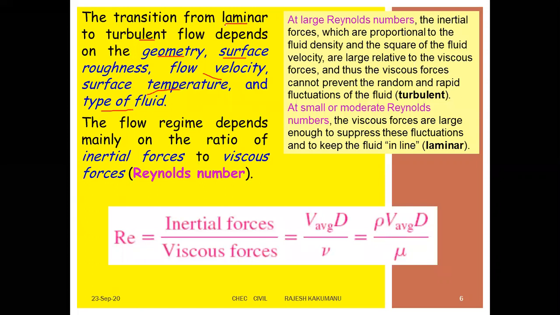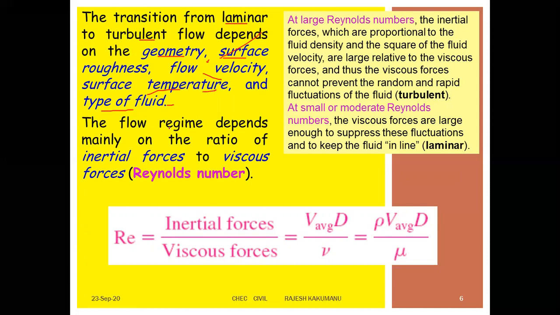So when the laminar flow changes to turbulent flow, that is, when the transformation happens, it depends on what type of fluid you are using, the temperature of the fluid, the velocity of the fluid, the surface roughness with respect to the boundary layer of the pipe, and also the geometry of the pipe. These are the reasons the dye or the fluid converts from laminar flow to turbulent flow.